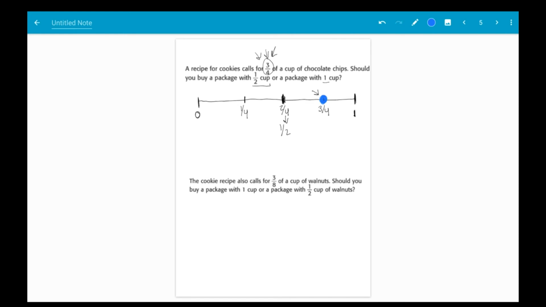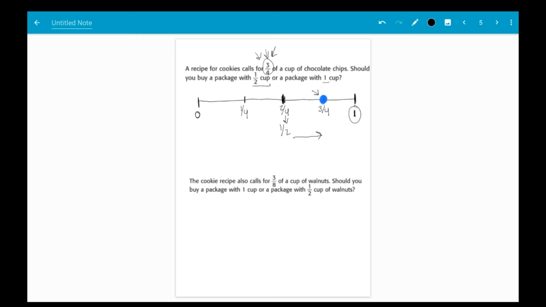Now, what do we want to buy? Do we want to buy 1/2 a cup or do we want to buy a cup? Look at this, 3/4 is past 1/2. If you buy 1/2 a cup, you're not going to have enough chocolate chips. If you buy 1 cup, you may have more than what's needed, but you'll have enough to have 3/4 of a cup.